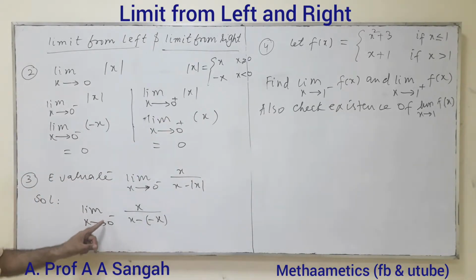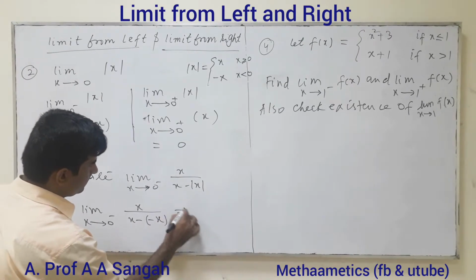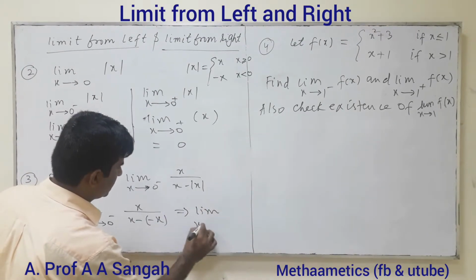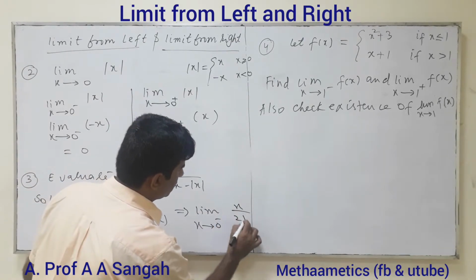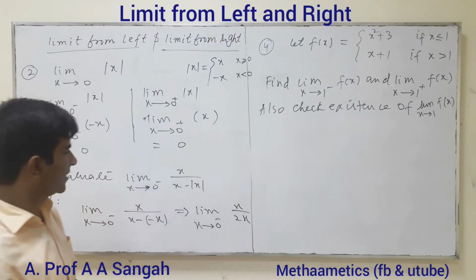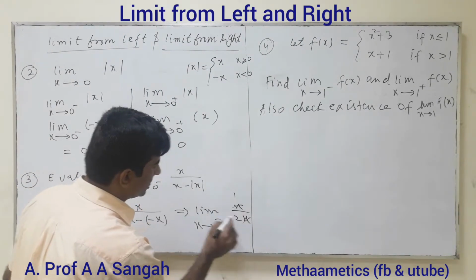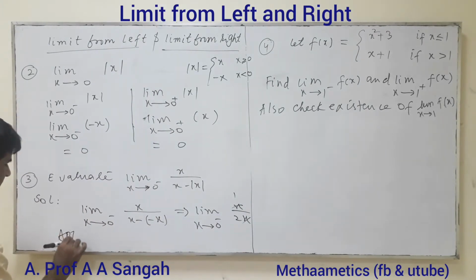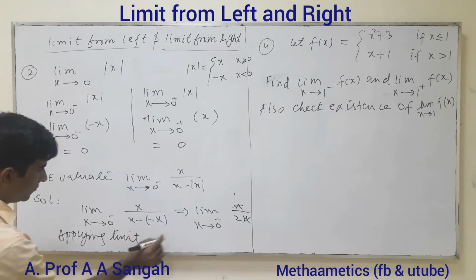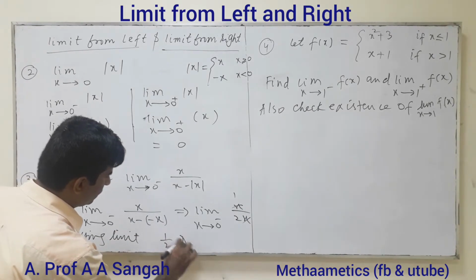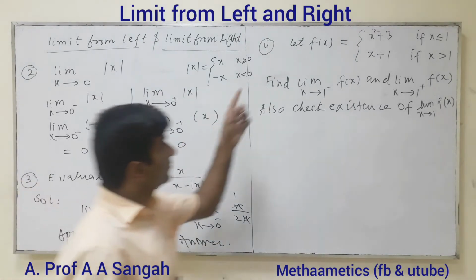Values are somewhat less than 0, so we have limit x tends to 0 from the left hand side x upon 2x. X and x cancel, applying the limit, now it becomes 1 upon 2. That's the answer.